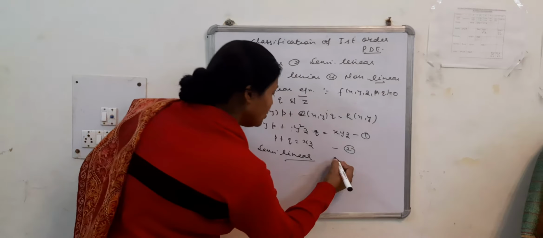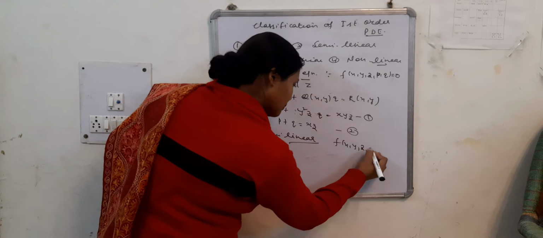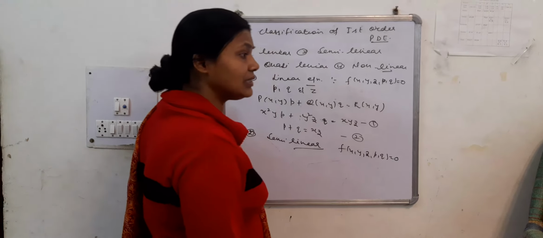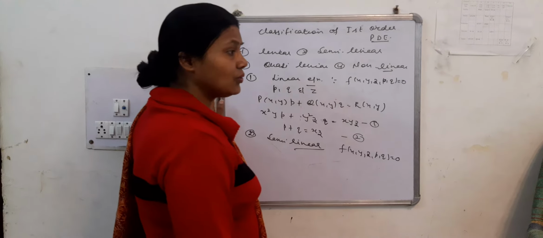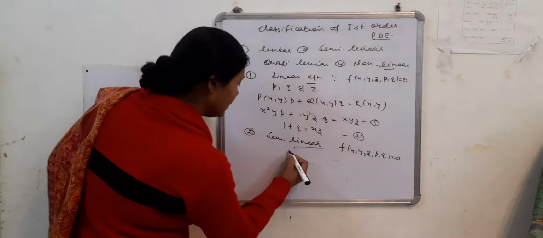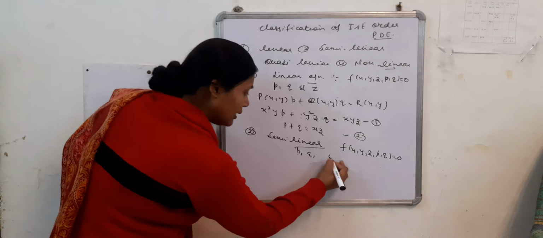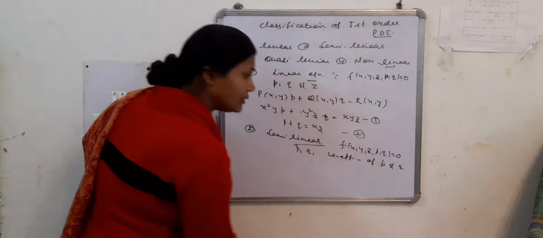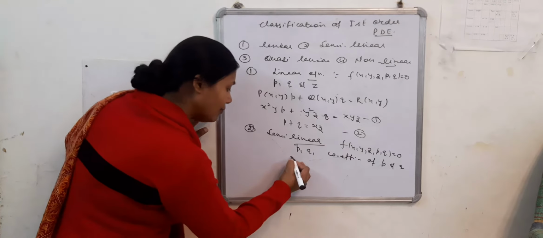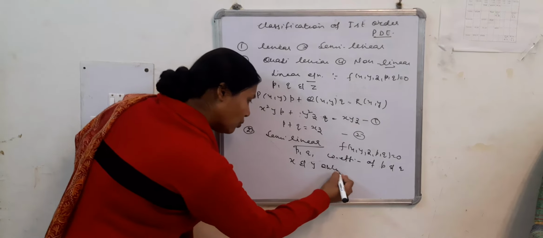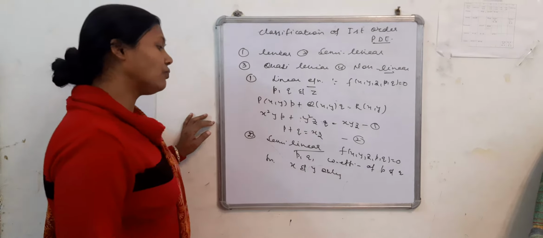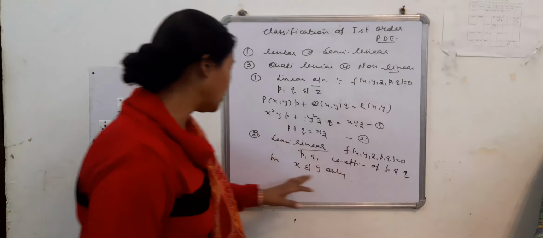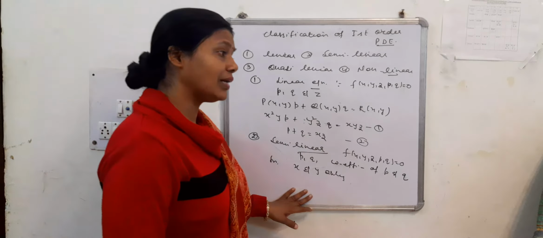An equation of the form f(x,y,z,p,q) = 0 is said to be semi-linear if it is linear in p and q and the coefficients of p and q are functions of x and y only.